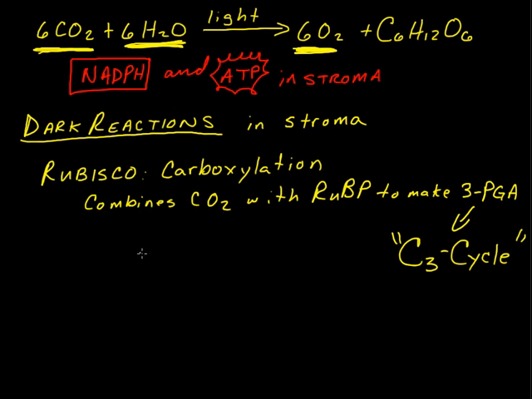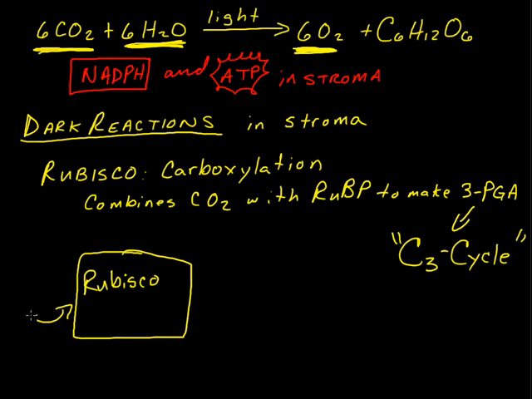So Rubisco, basically, if we were going to depict it or do a drawing of it, so to speak, we'd say this is a Rubisco enzyme. Okay, CO2 comes in, and this CO2 just comes from the atmosphere. It enters the leaves through the stomates, diffuses through membranes, and makes its way into the chloroplast.